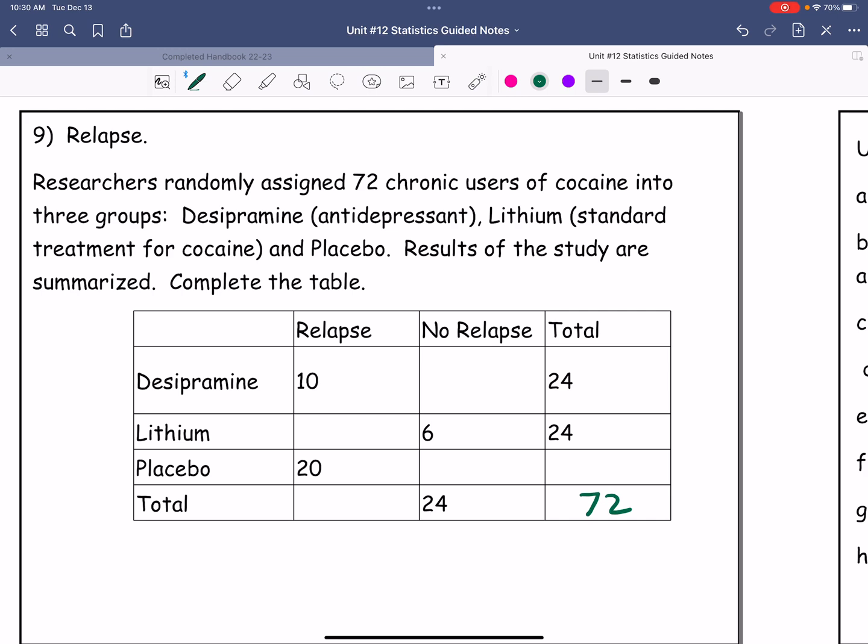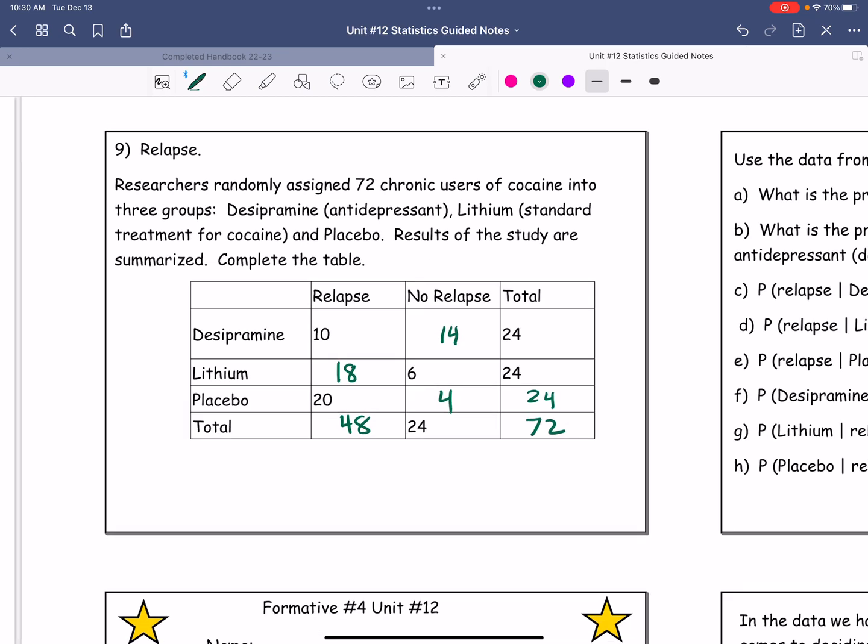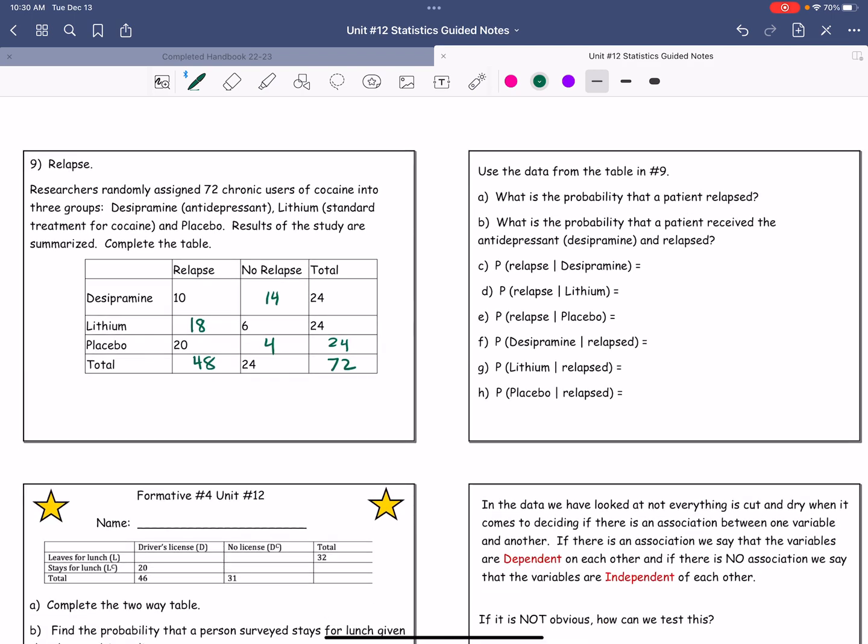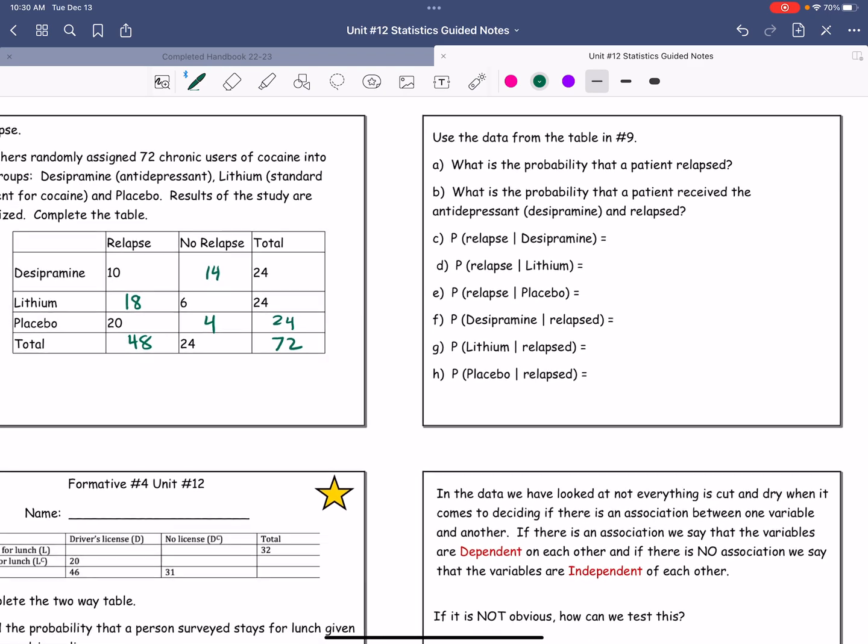So knowing that we've got 72, let's finish the table. 24 here, and this is 18, 48, 14.4, and we've got everything. Then we are going to answer these questions based on this data. So I'd like you to pause the movie and try these on your own. Then press play when you are finished.